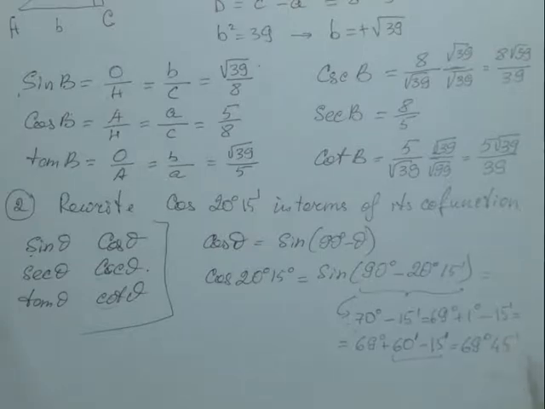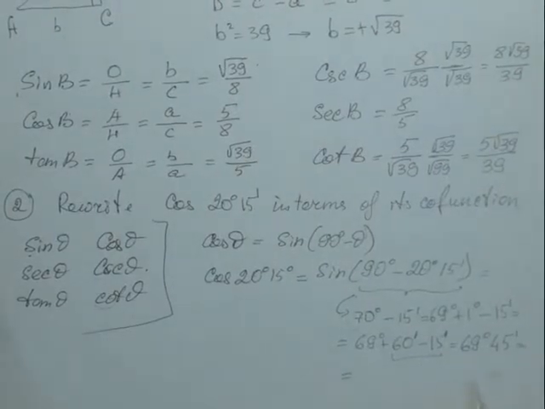Sometimes it is important to write it not in degrees and minutes, but in decimal degrees. So let us transform to decimal degrees. 69 plus 45 minutes in terms of degrees will be 45 multiplied by 1/60, since 1 minute is the same as 1 degree divided by 60.